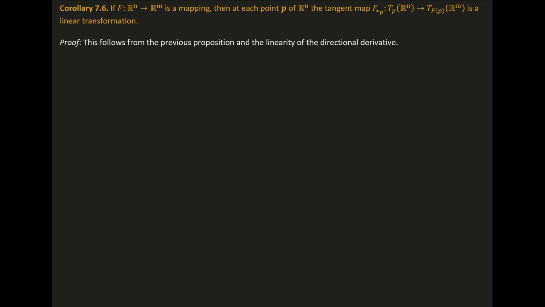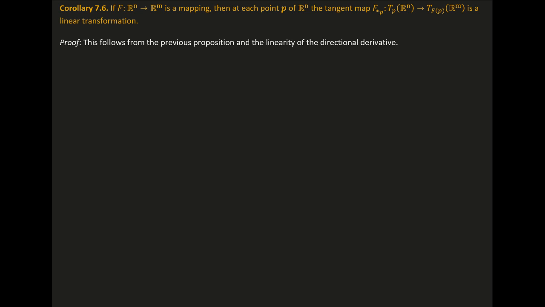Next, we prove that if f is a mapping from Rn to Rm, then at each point P of Rn, the tangent map f star sub P from the tangent space of Rn at the point P to the tangent space of Rm at the point f of P is a linear transformation.